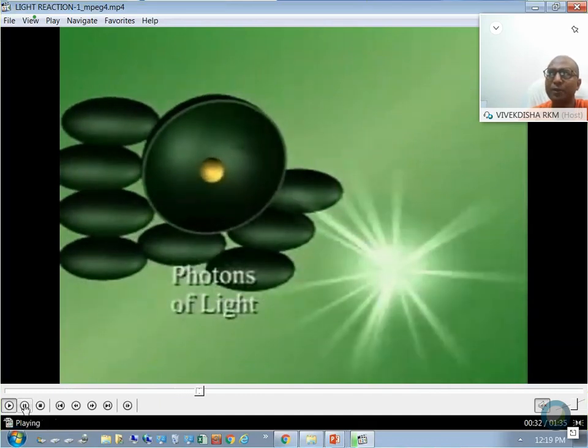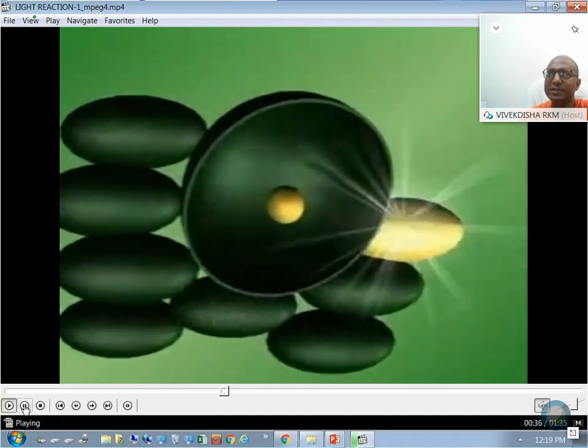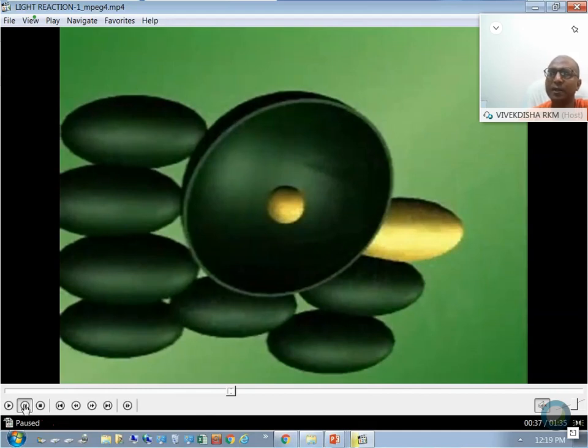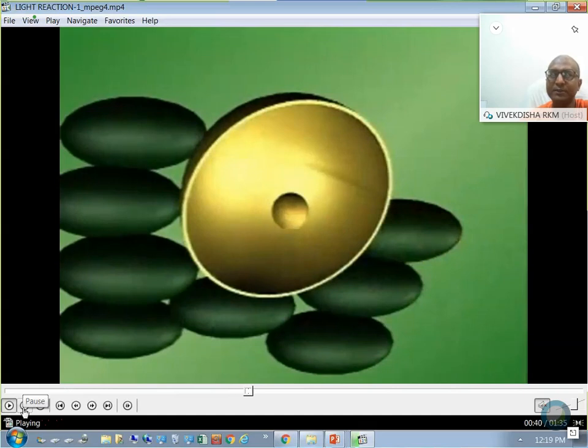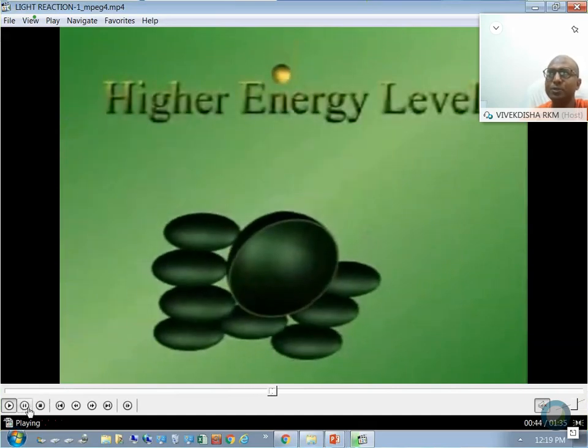After absorbing different wavelengths of light, they are energized. Finally, all the pigments will send their absorbed energy to a particular type of chlorophyll. So that chlorophyll releases electrons, getting energy.